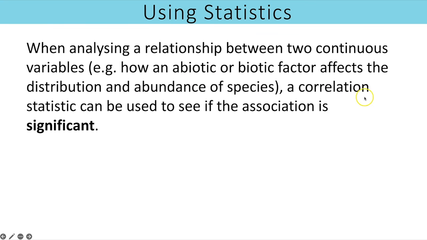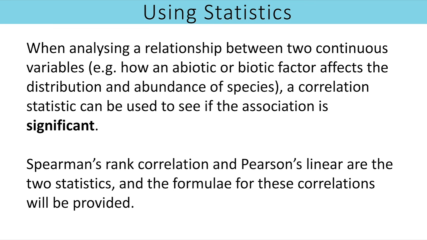And we would need to know whether we have a significant correlation. So you might be looking at, is there a correlation between the light intensity and the abundance of a particular species? And that is when we'd use the correlation coefficient, Spearman's rank or Pearson's linear. Those are two statistics that you would have the formula provided for in an exam to be able to see if your patterns or correlation was significant.